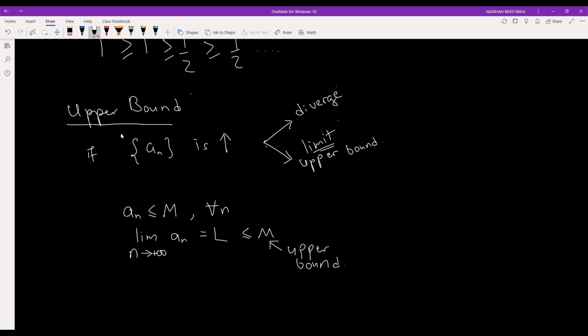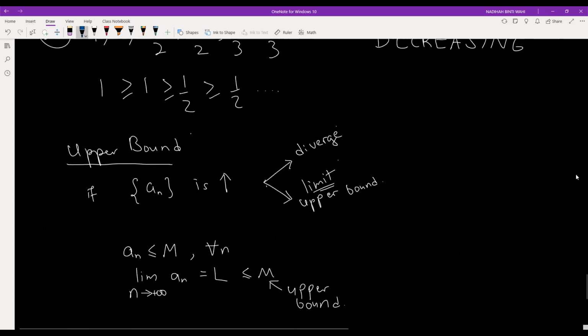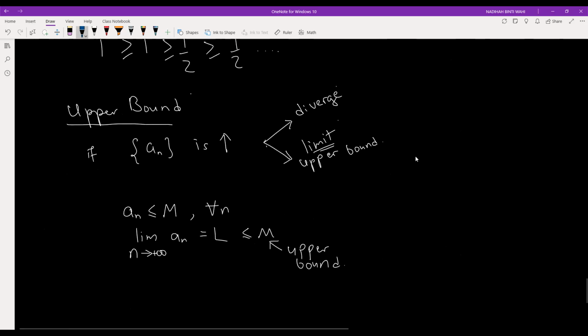Okay, how to understand this? Let's look at this example. I'm using the same example: 1 over 2, 2 over 3, 3 over 4. So if I substitute n over n plus 1, put it in terms of x, this equals y equals that.